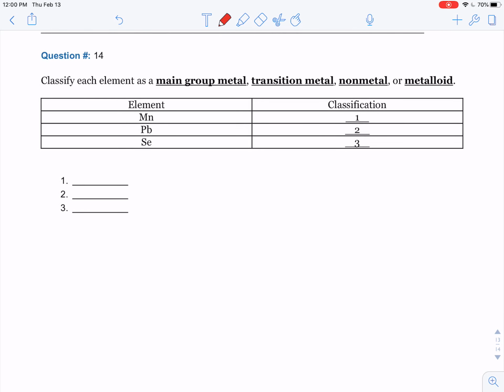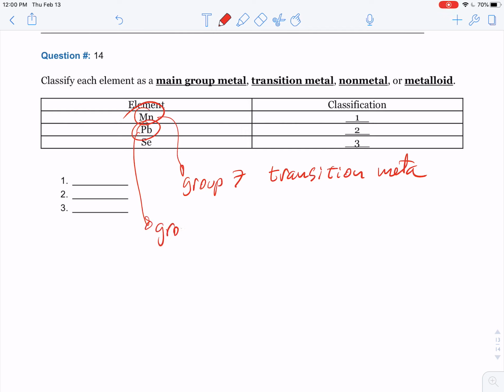And here has to do with what we were working on last time. You locate these elements in the periodic table and you find that manganese is in group 7, which is a transition metal. And then you have lead. Lead is in group 14, which is a main group metal.